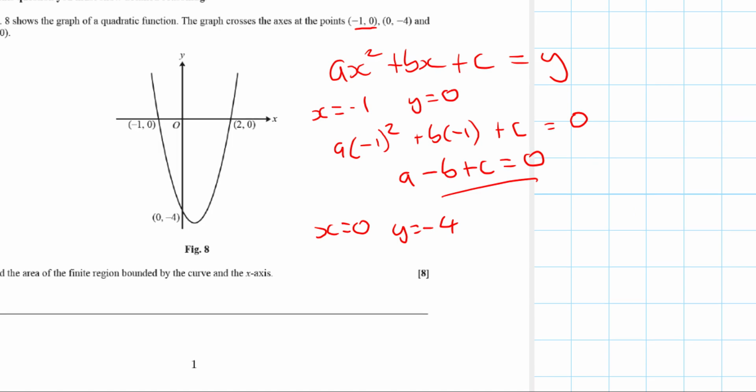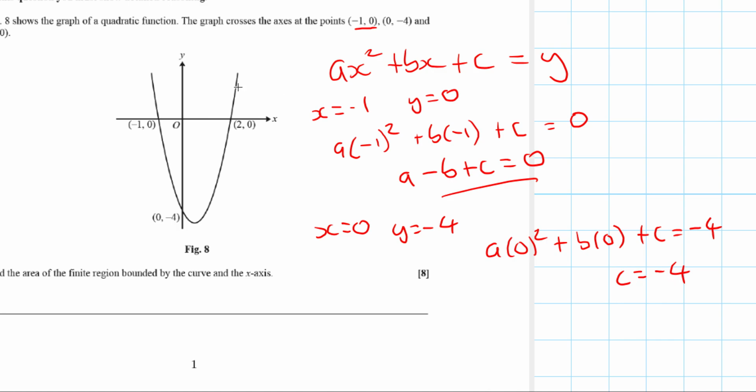So this is a times 0 squared plus b times 0 plus c is equal to -4. Again, you could see this from the fact that c is always where the y-intercept is. The y-intercept is when x is equal to 0. So here c is equal to -4.